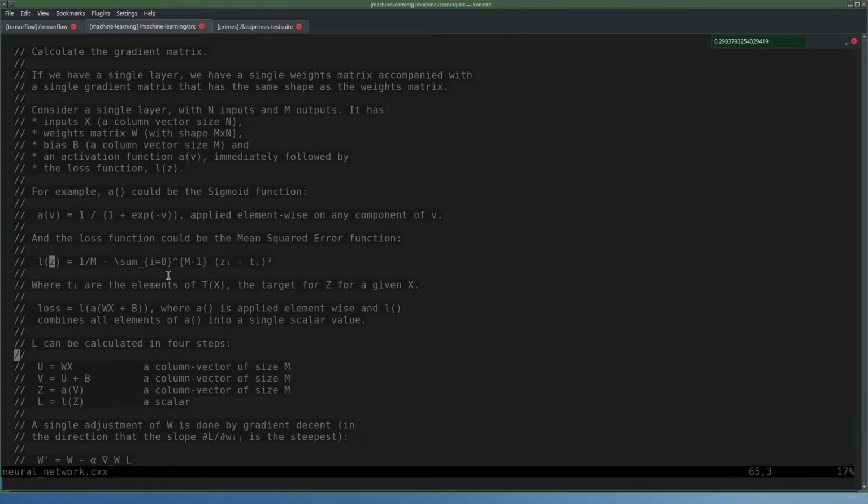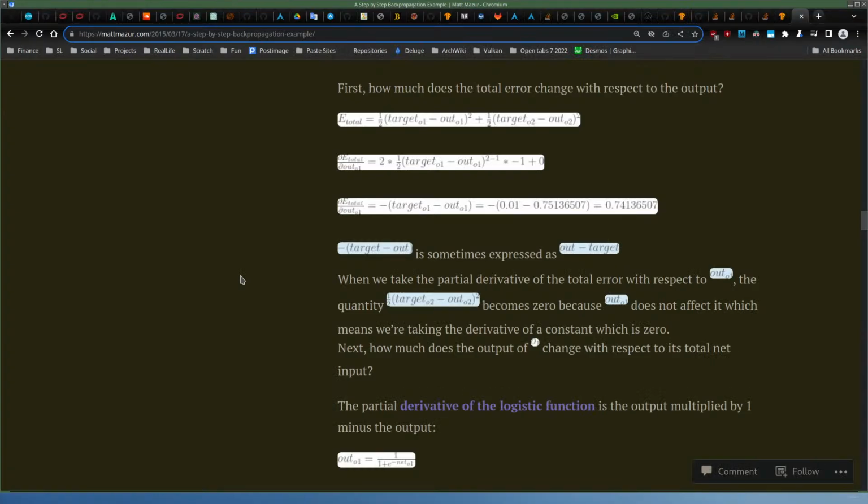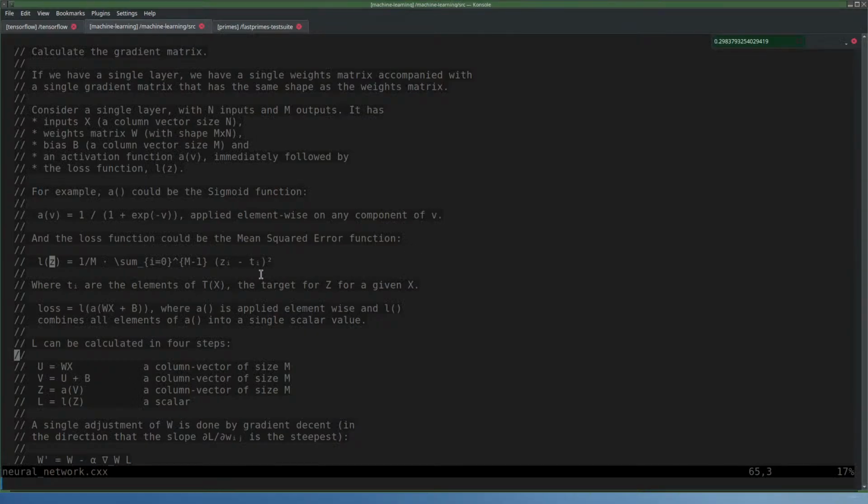It is the sum over all the elements of the target as well as the element of z, and then the difference of that squared. And it really doesn't matter if you do z minus t or the other way around. They have it target minus out, so I have out minus target. But yeah, we square it anyway, so who cares?